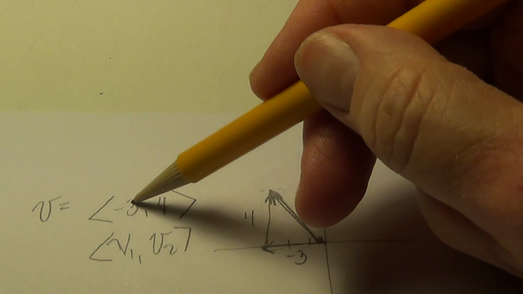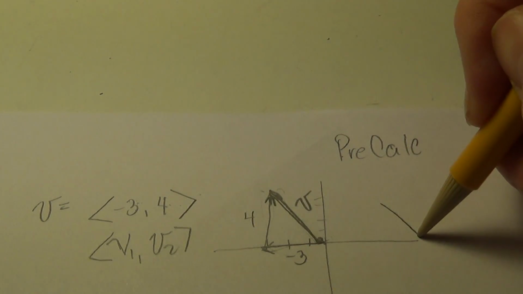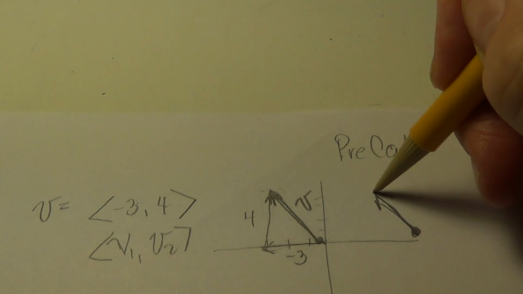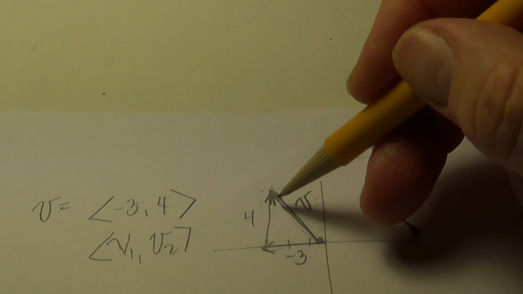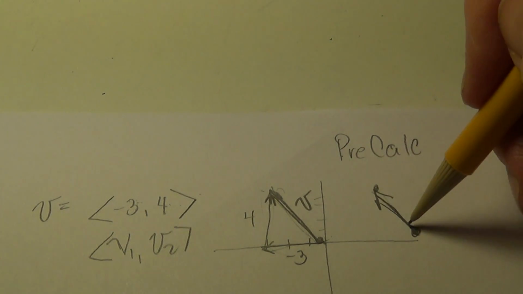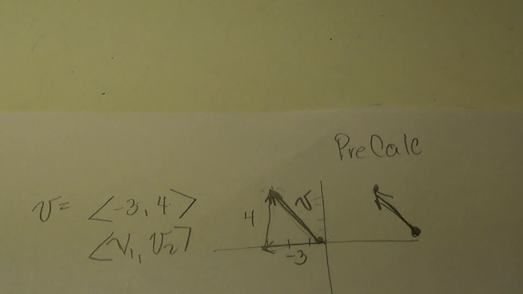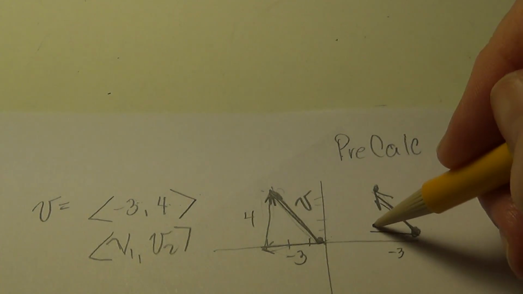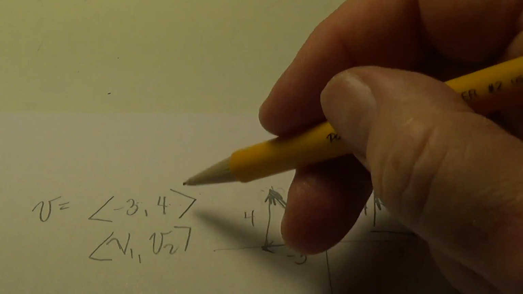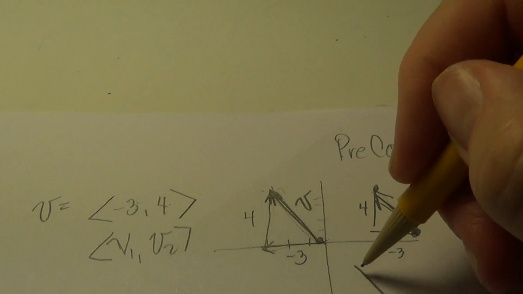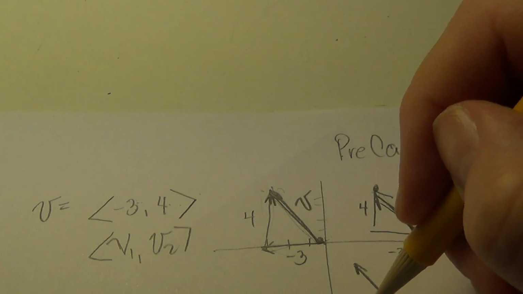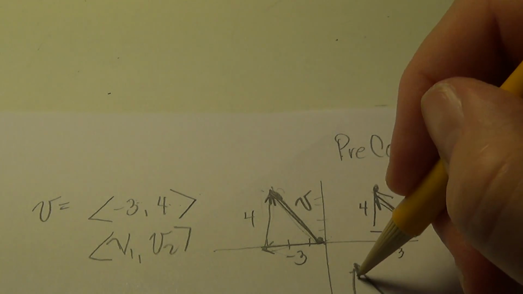So this same vector, <-3, 4>, could appear over here, where it starts there and ends there if it has the same direction and the same length, magnitude. So it still means that we go over -3 and up 4. These hold true no matter where I draw that vector. I can draw it down here, over -3 and up 4.